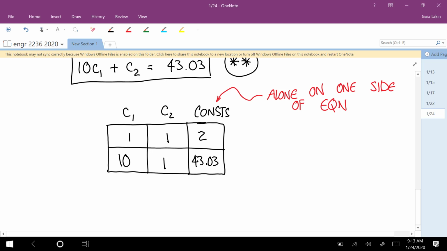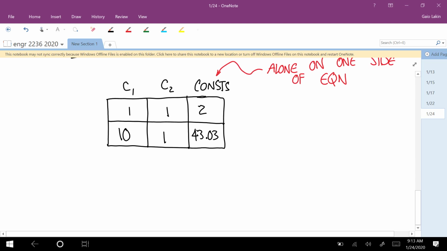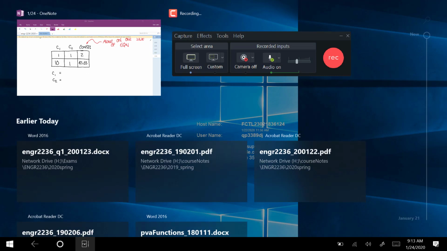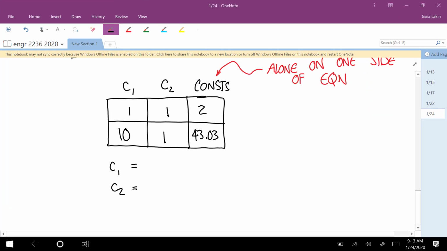Can someone give me the answers to this? So now that you have that, do reduced row echelon form on this.